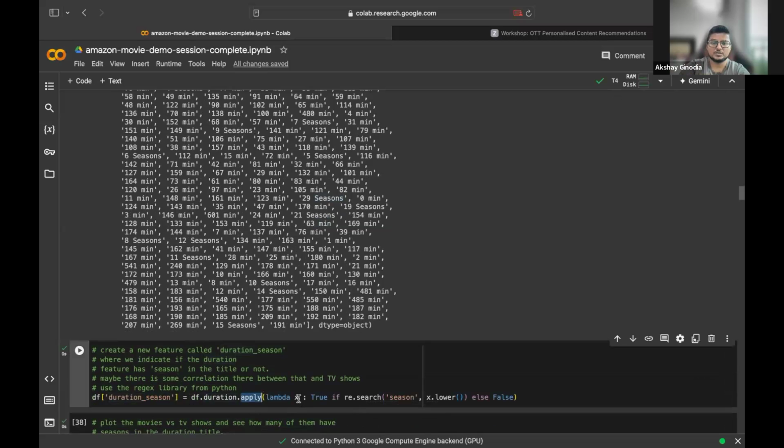So I am searching whether season is present in the text. It will not be true for 81 minutes because season is not present, but 5 seasons has the season text present in it, right? So it is going to mark those values as true. The rest of the values are going to be false. So I'm creating a separate column by doing this particular operation.